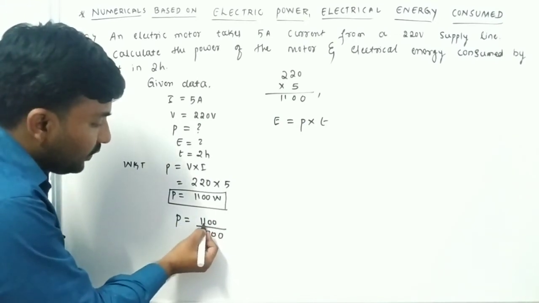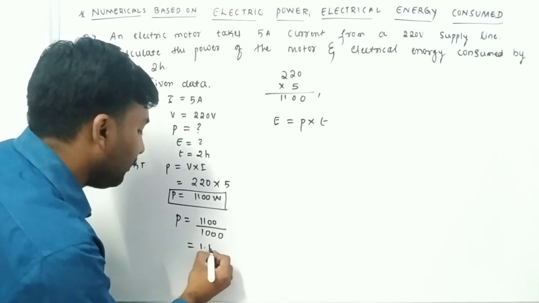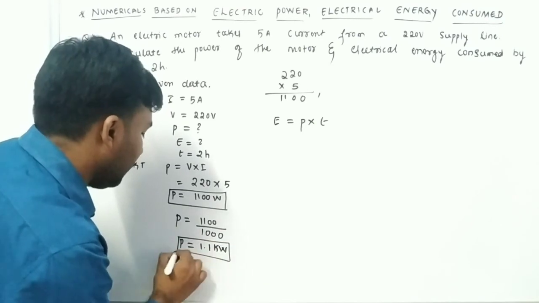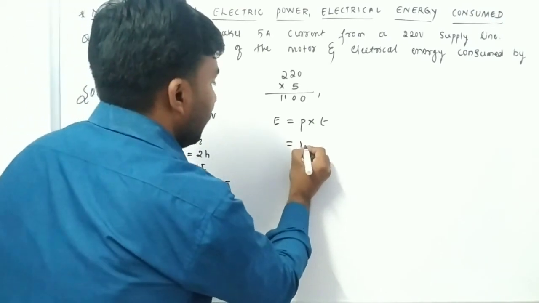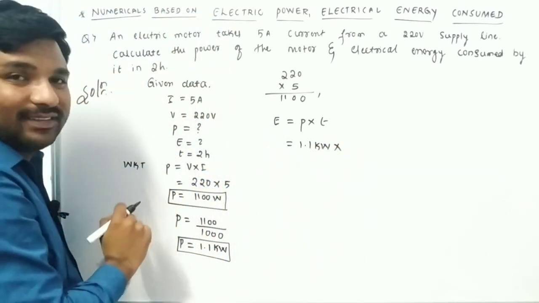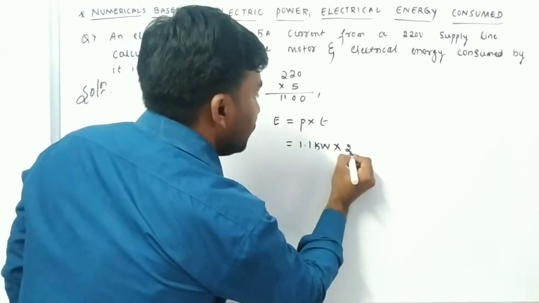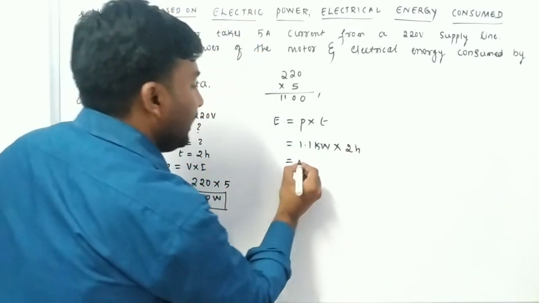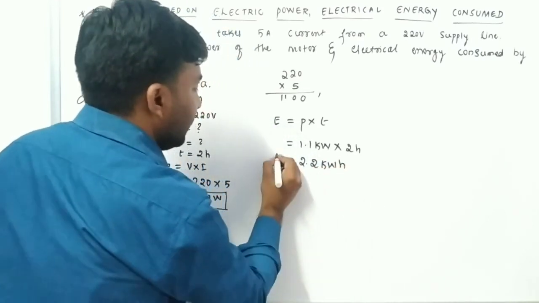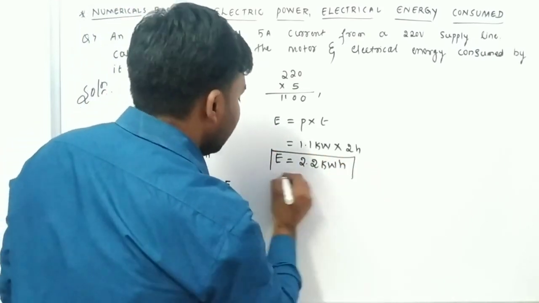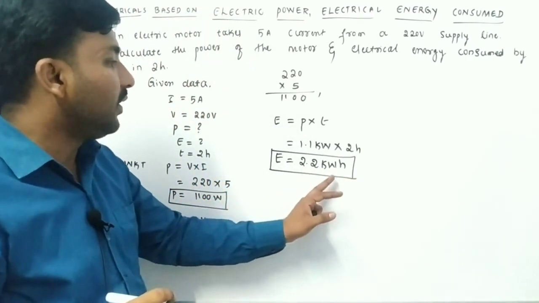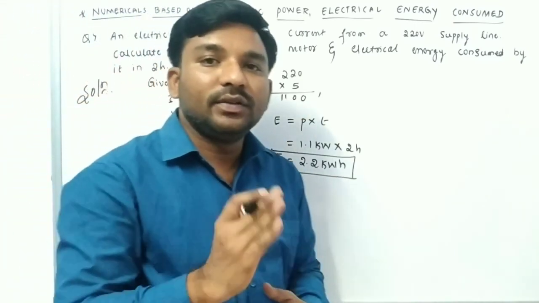So this is equal to 1.1 kilowatt. Now put the value 1.1 kilowatt into 2 hours. This is equal to 2.2 kilowatt hour. So the energy consumed by the electric motor is 2.2 kilowatt hour. Hence we have solved the problem.